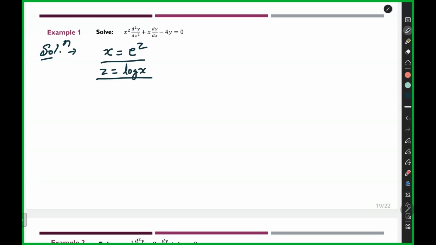Here you have to replace x d by the new D, that is d by dz, whereas the left hand side was d by dx.